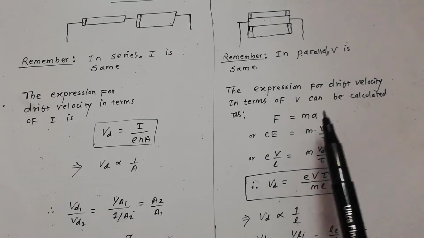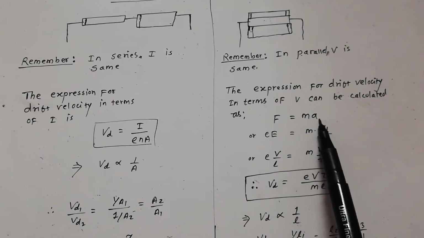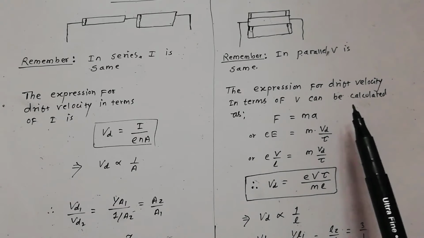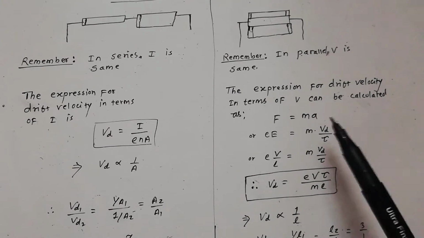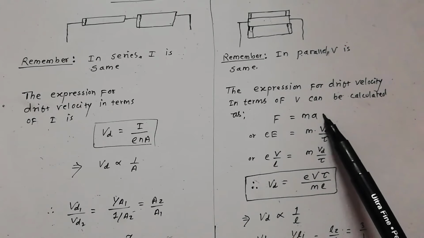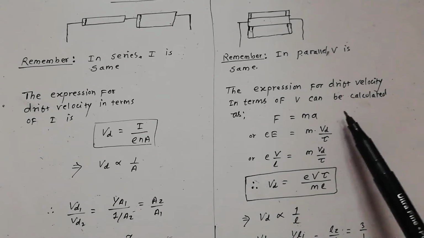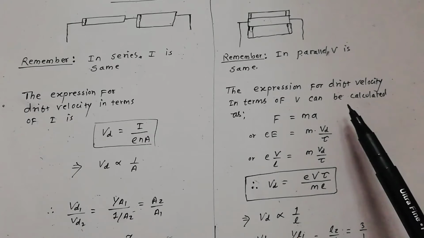this way. Here F equals ma, which is Newton's second law of motion. You know, Newton's second law of motion is also valid in this case, because when we supply an external electric field to the conductor, the electron inside the conductor experiences a force. This force is called the electric force, right?